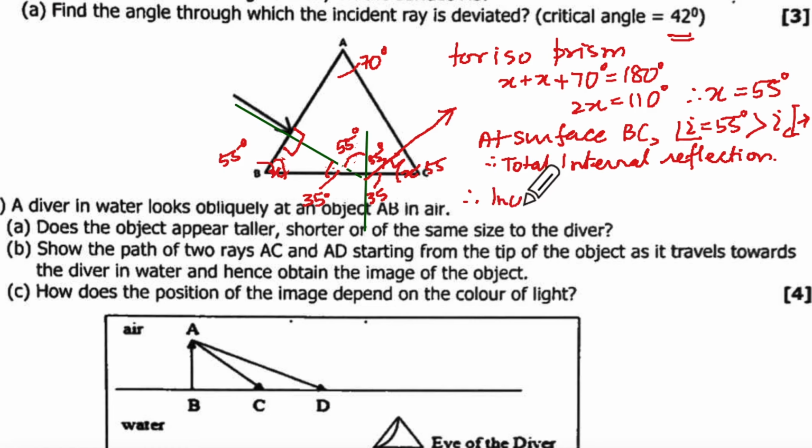So incident ray is deviated by how much? 55 plus 55.